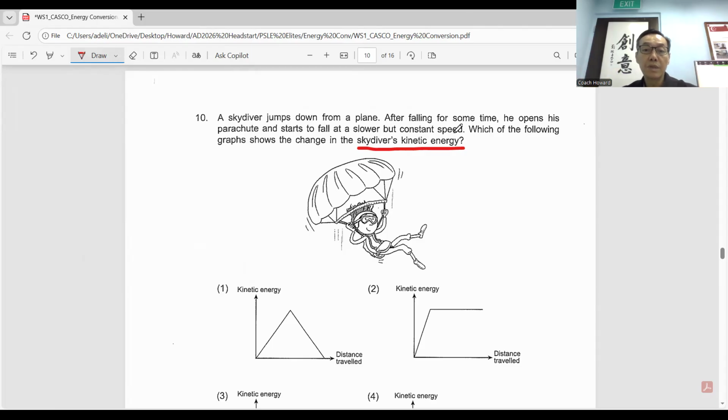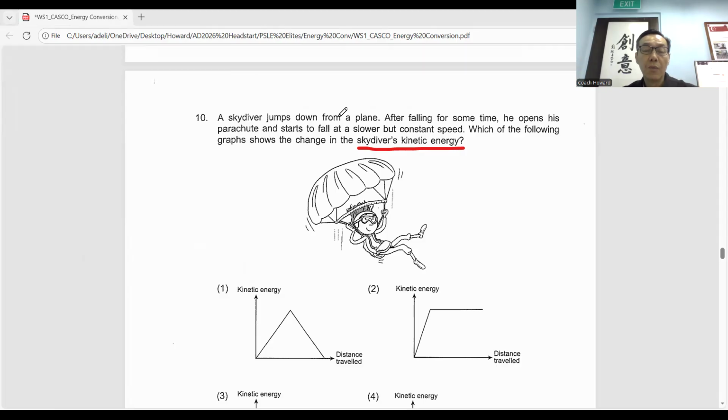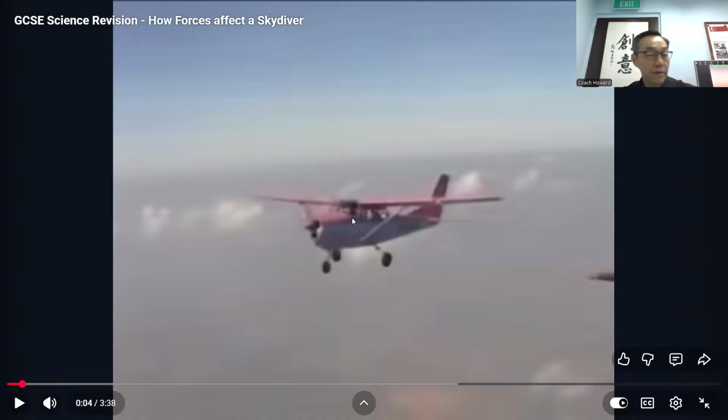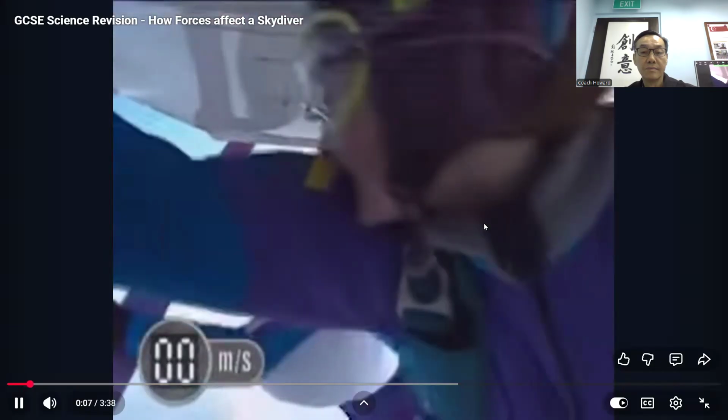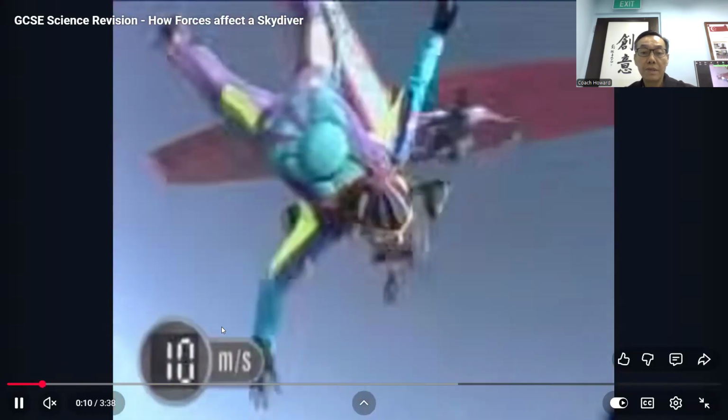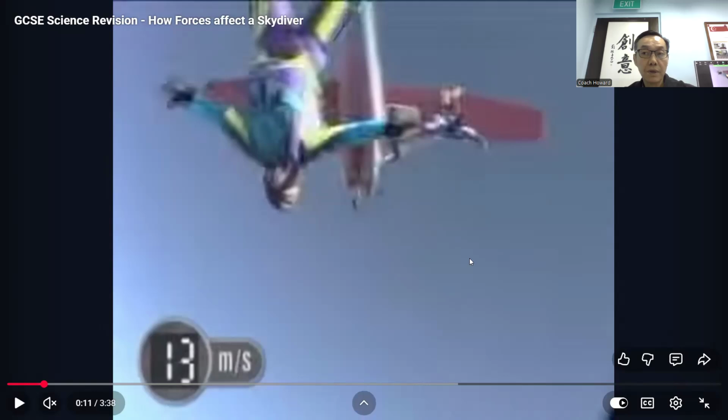So I do a screen share to show you on this video, what is this situation? As you can see, this is a plane. Just to check, I'm sharing the correct screen. Yes, double check. So as the plane moves, you can see here the speed increases because gravity is pulling the parachutist downwards, and it is in meters per second.